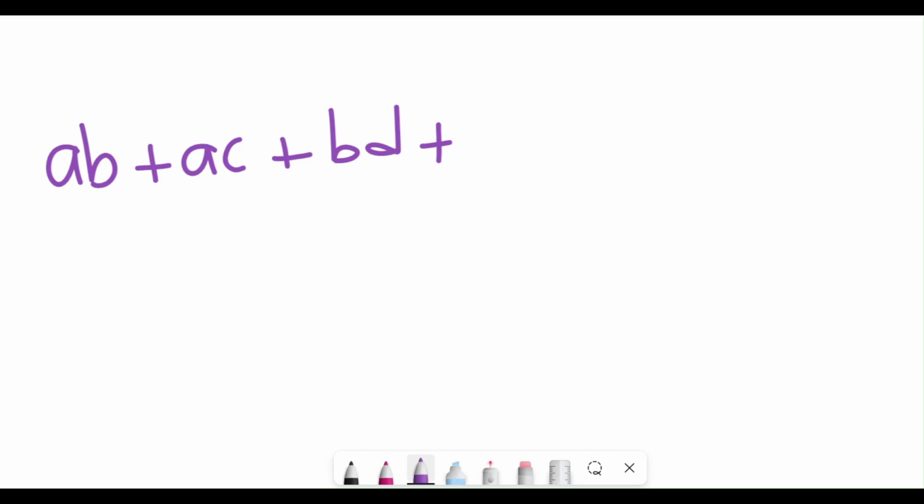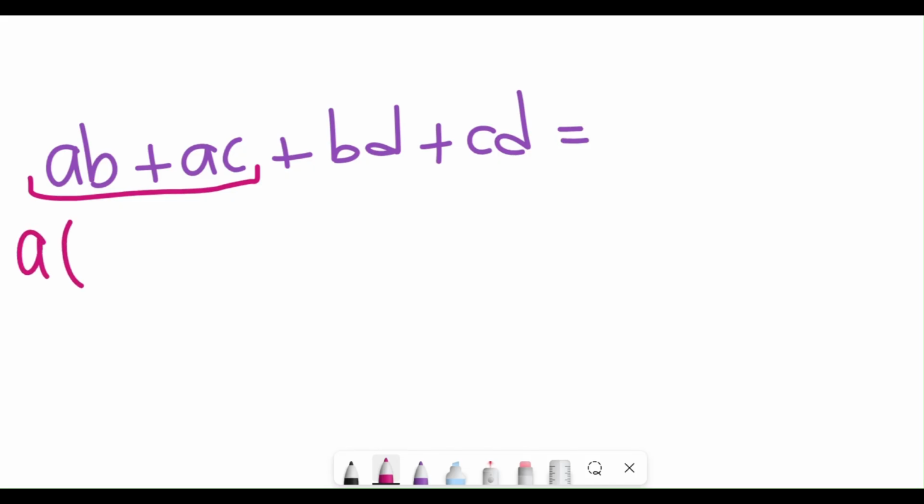If we have an example like this, AB plus AC plus BD plus CD. Okay, now we say, wait, we have 4 terms. Do we have something in common from all 4 of them? No? All right, then what do we need to do? Let's try the first 2 terms. Do they have anything in common? Oh yeah, they have A in common. Excellent. What do we have in brackets?